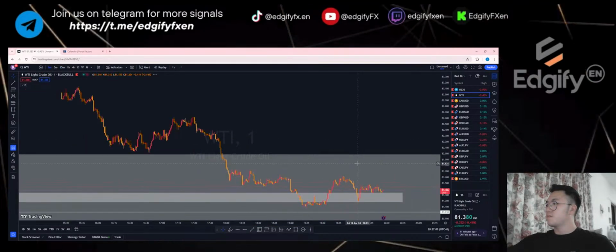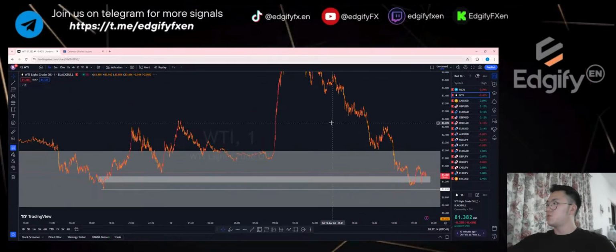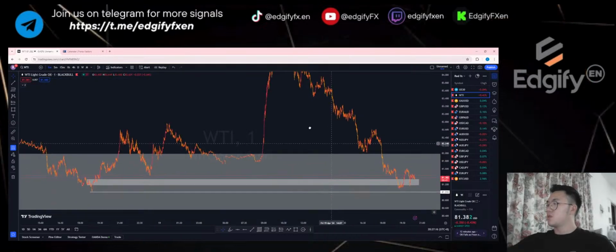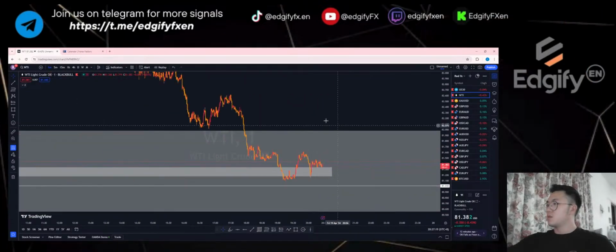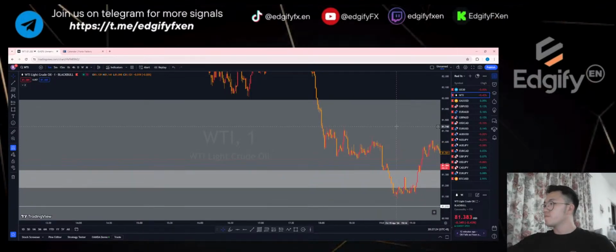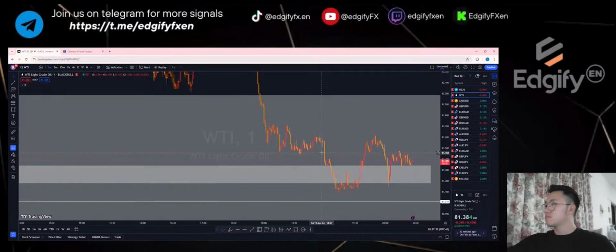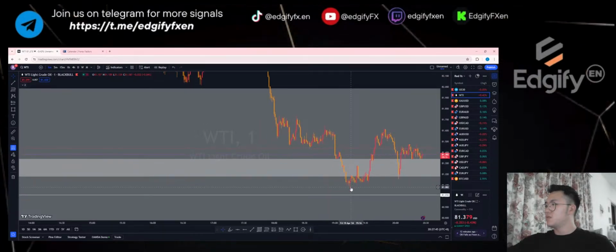Hopping onto the 1 minute. On the 1 minute, we do see WTI is coming down, doing a downwards movement. We'll see if we can get a confirmation from here. Okay, we have a break here to move further.